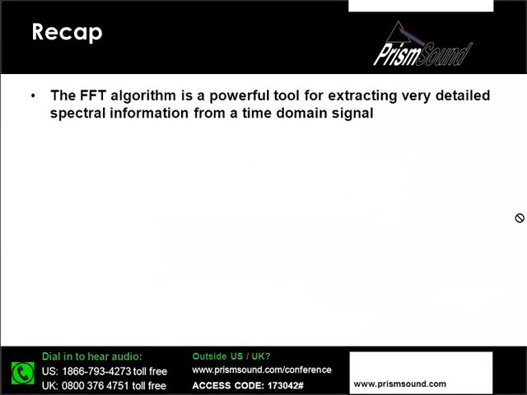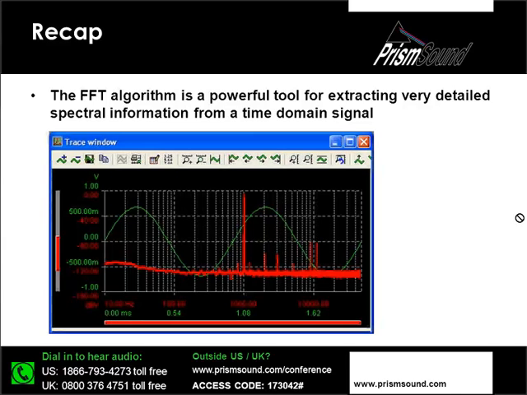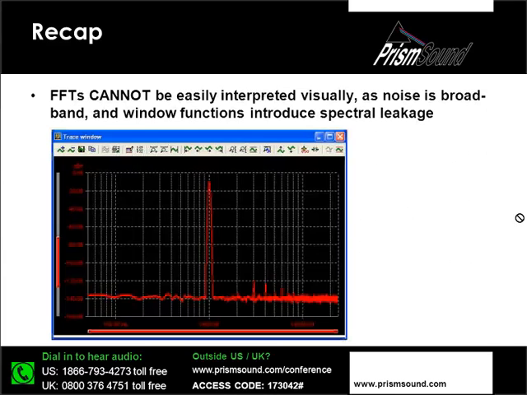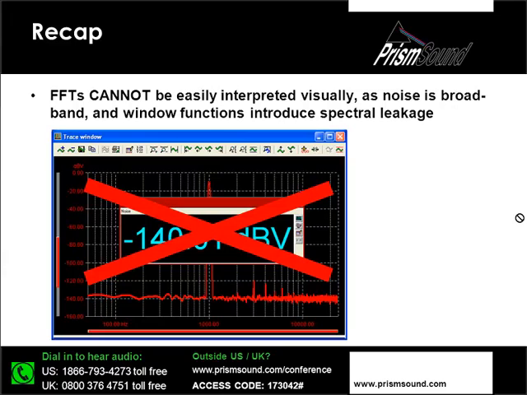So a quick recap then. We've already seen that the FFT algorithm is a very powerful tool for giving us very detailed information. Very low-level artifacts can be clearly revealed in an FFT analysis that we simply can't see in our time domain signal. And as I have emphasized several times, we can't simply look at the FFT data to obtain meaningful, precise numerical measurements of parameters such as noise and distortion and crosstalk and so on.